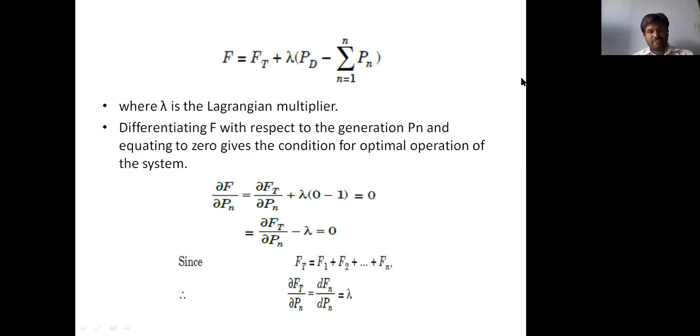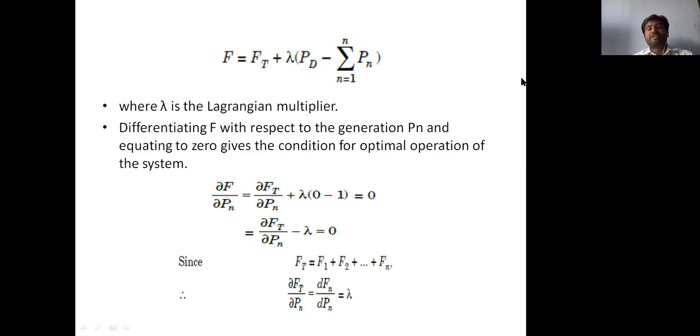Differentiating F with respect to the generation Pn and equating it to zero gives the condition for optimal operation. So dF by dPn equals dFt by dPn plus lambda times (0 minus 1) equals 0.